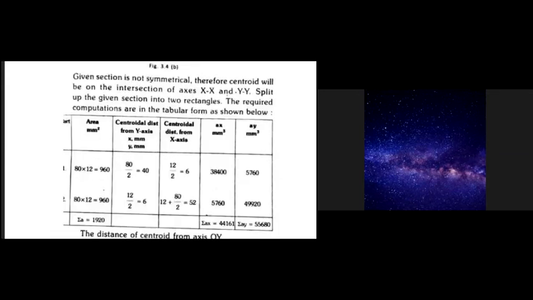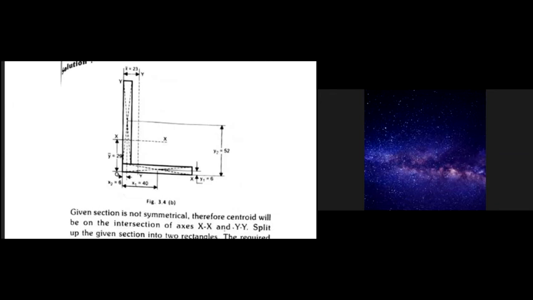So the first part is this horizontal one. What is the area of the first rectangle? It's 80 cross 12 itself.